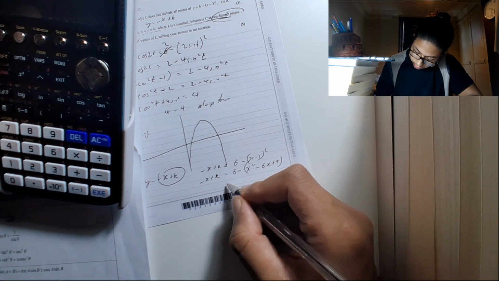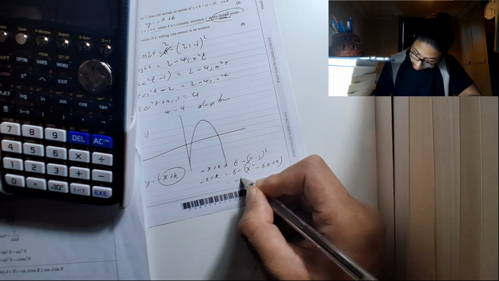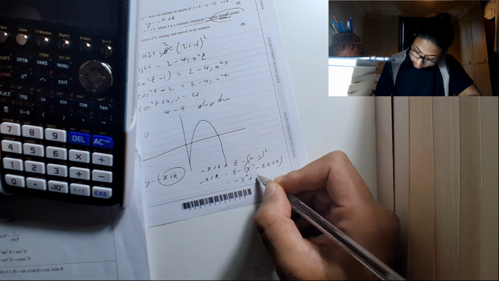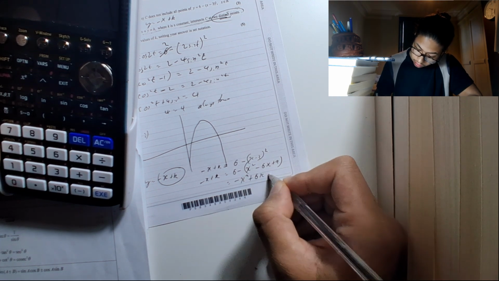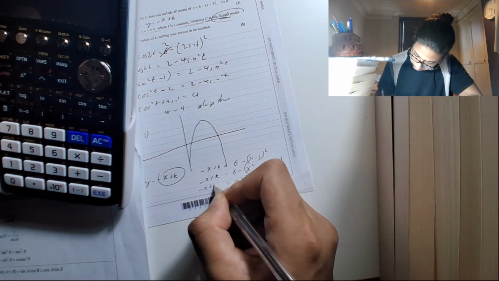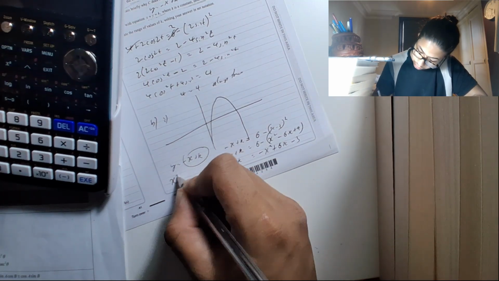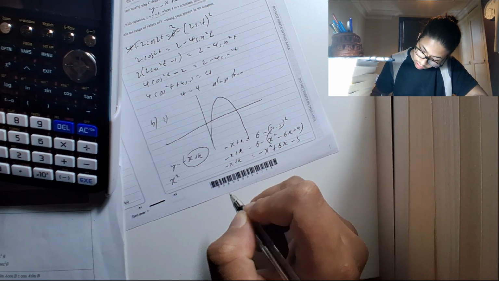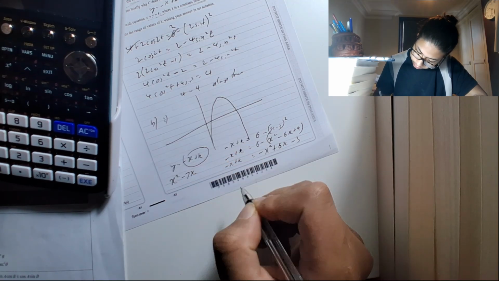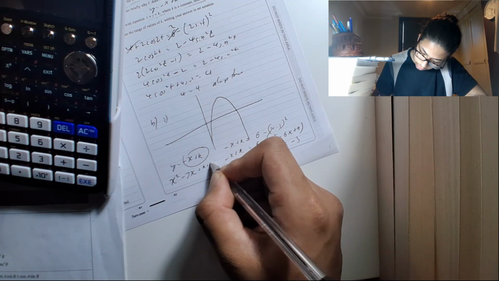So this is what? So minus x squared plus 6x and minus 3. I'm going to bring everything to the right, because I always like a positive x squared. Minus 7x, k plus 3.